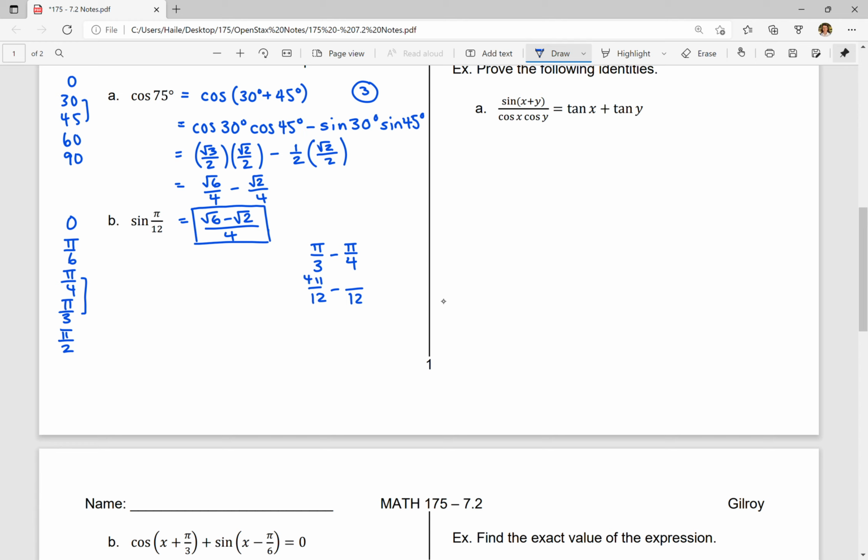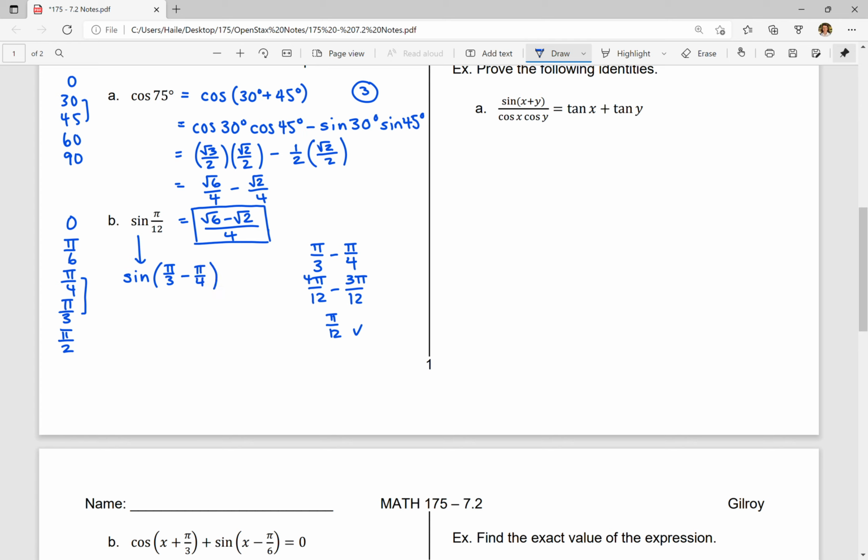So this first fraction is going to become 4 pi over 12. And in the second fraction, we had to multiply 4 by 3 to make it 12. So the top is going to become 3 pi. And so 4 pi minus 3 pi indeed gives us pi over 12. So that's good. This is the pair of angles I'm going to use. Okay, so we can rewrite sine of pi over 12 as sine of pi over 3 minus pi over 4.